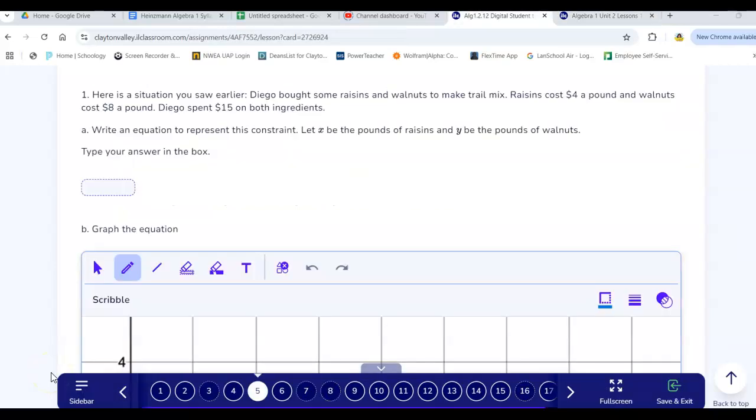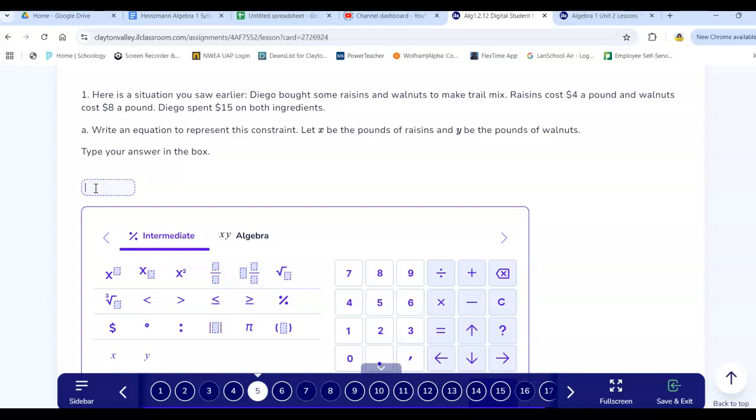So now I've opened up the student task statements for a minute, so I can type in here and you can see. So if raisins are $4 a pound and walnuts are $8, they told me to say that X is raisins and Y is walnuts.